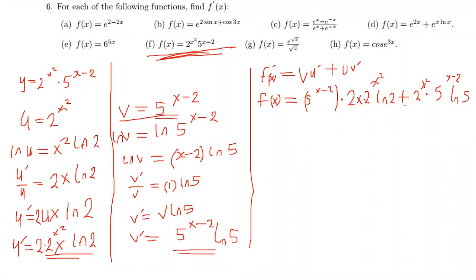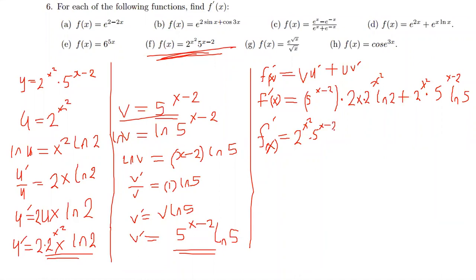Yeah, so if you want, you can simplify this by factorizing what is common there. What I'm finding here is f prime. From just observing that, we can see that the common terms there are 2 to the power x squared and 5 to the power x minus 2.